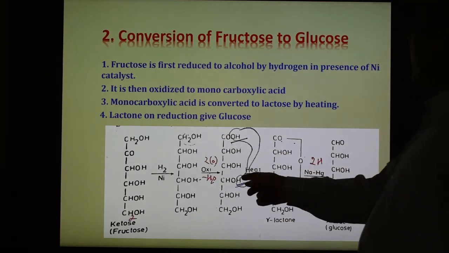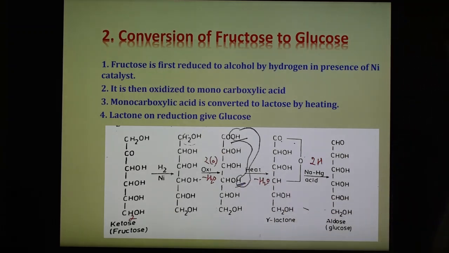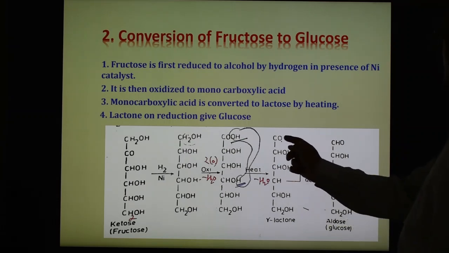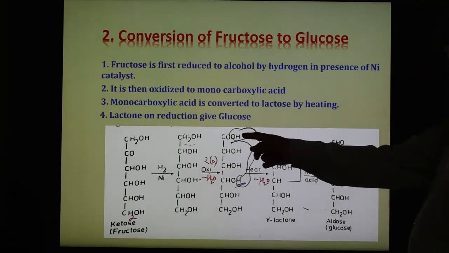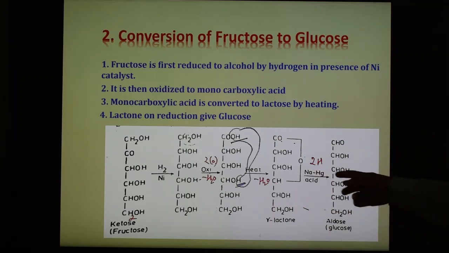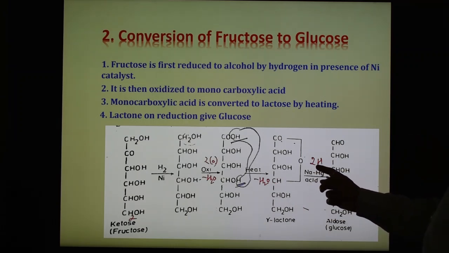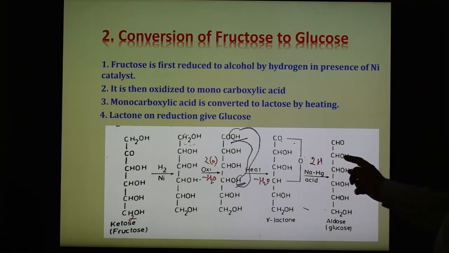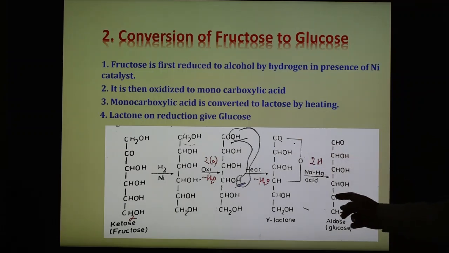Now the H and OH are removed, and we get this type of gamma lactone, where the 4th carbon is attached to the oxygen, and water is removed, minus H2O. Then again reduction using sodium amalgam in the presence of acid, 2 hydrogens are added, the CHO, and it becomes CHOH, and here also CHOH. So we get aldose, or glucose. The number of carbons is the same, and fructose can be converted to glucose. So this is the second important conversion, from fructose to glucose.